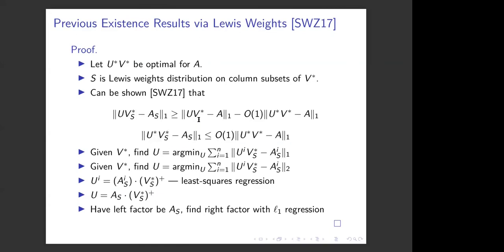I won't go too much into the details, but a quick sketch is that when you select that subset of columns S, you're multiplying on the right by a sampling and rescaling matrix S. And you can show that when you multiply by a sampling and rescaling matrix, it increases the norm by an O of 1 factor due to Markov's inequality. So that's for the upper bound.